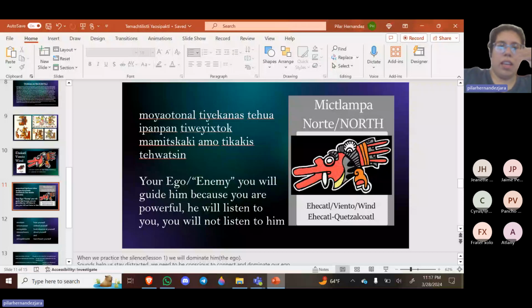This is the phrase that is attached to the second sign, which is the wind. It says, Moyao Tonal tiecanas tehua ipanpan tiweiyitok mamiskaki amotikakis tewatsin. It basically translates to: your ego, or your enemy, you will guide him because you are powerful. He will listen to you, you will not listen to him.